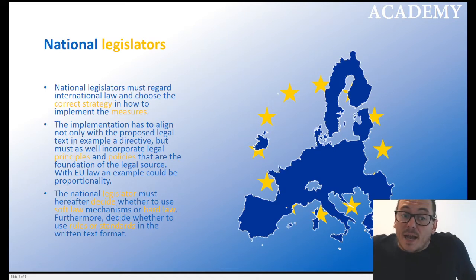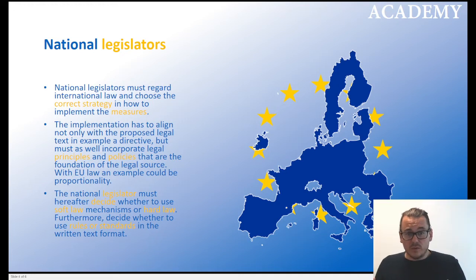As I said, national legislators also have to do this. When they get a directive or a regulation from the EU, they need to choose the correct strategy to implement these measures in national law. Of course, with a regulation like GDPR, it is direct, there's not a lot of interpretation.